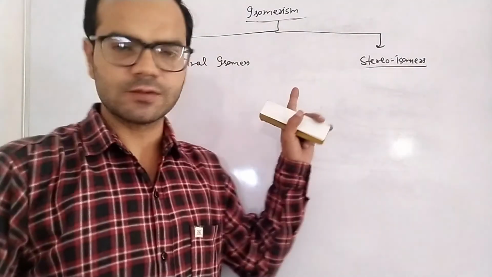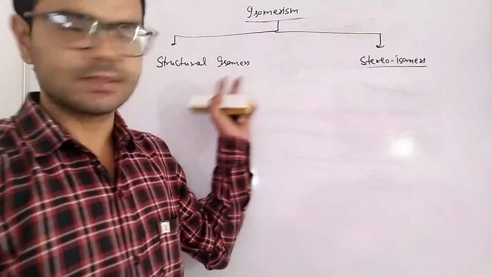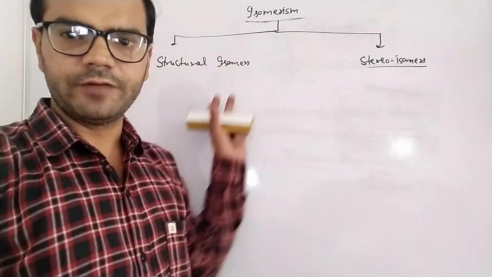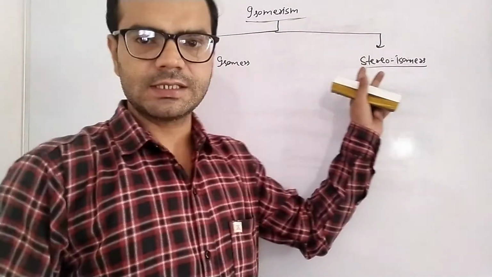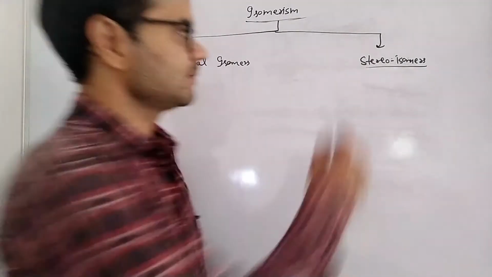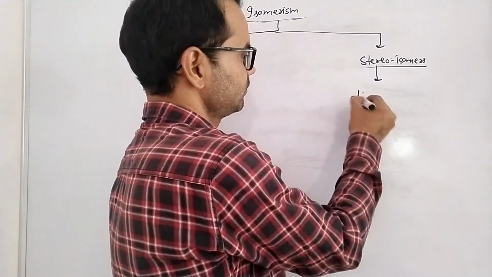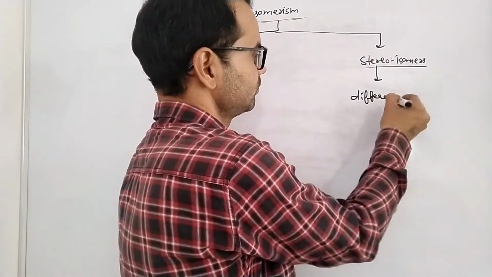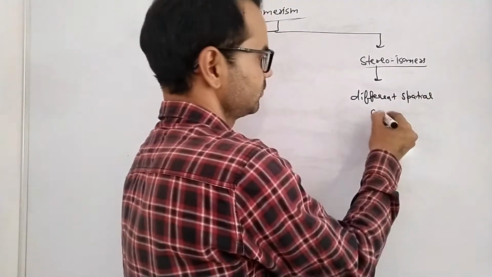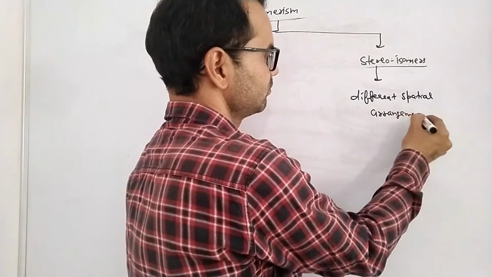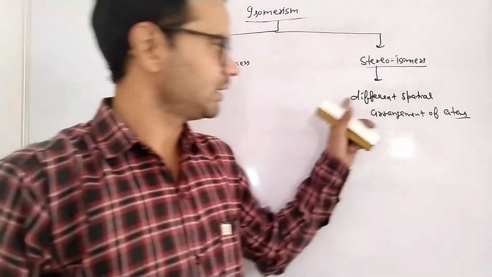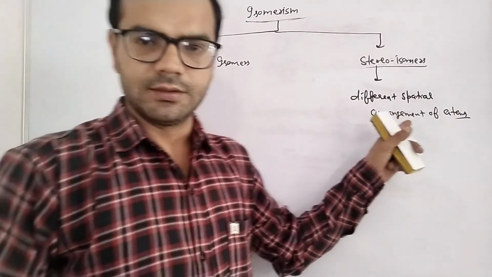So now what types of isomers do we have? We have basically two types of isomers: structural isomers and stereoisomers. As the name indicates, in structural isomers we will get different structures. But what are stereoisomers? Different arrangement of atoms in space. Stereoisomers means different spatial arrangement of atoms.